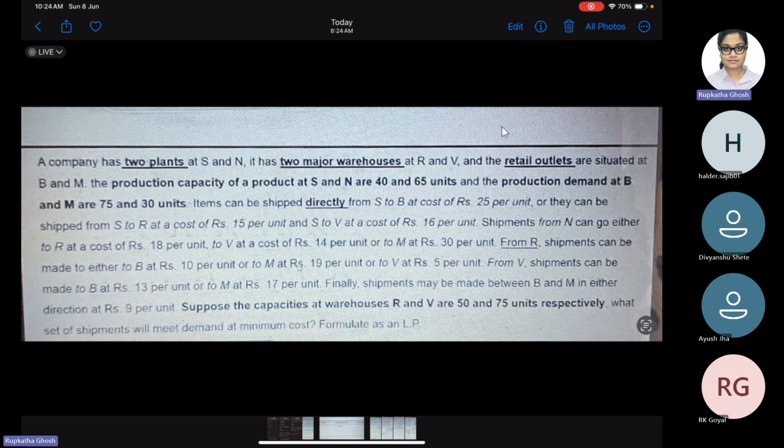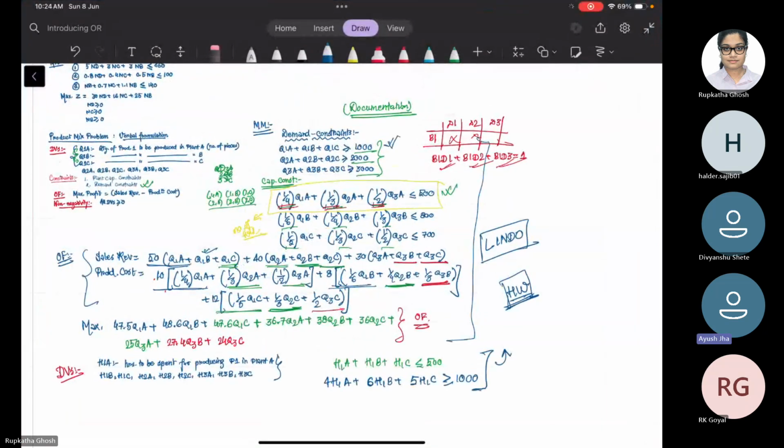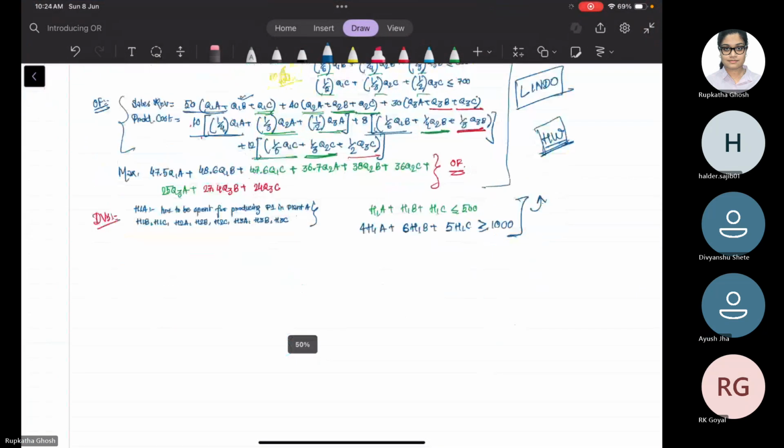Okay, has anyone been able to draw a network diagram? One minute, ma'am. Yeah, sure.